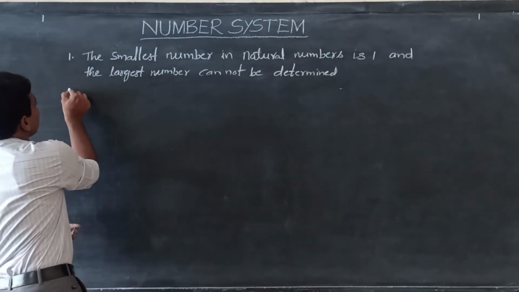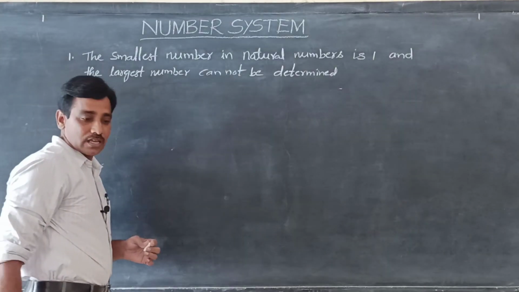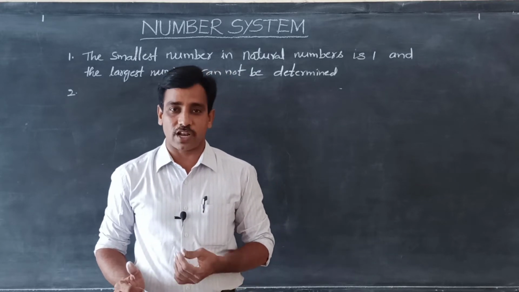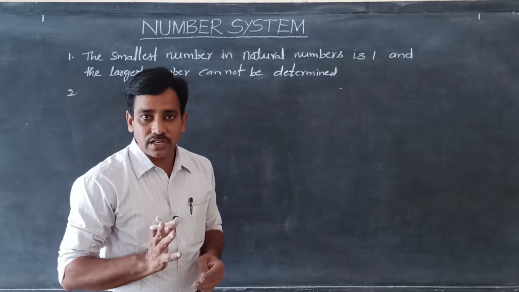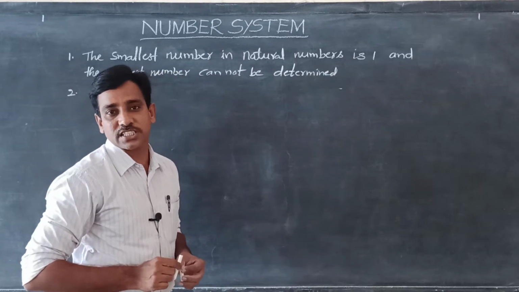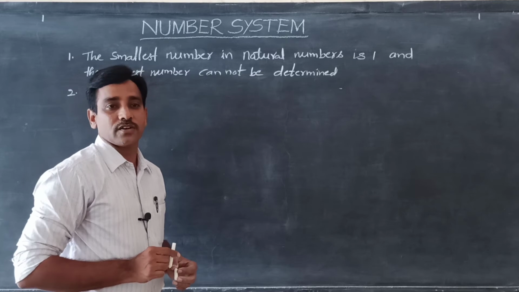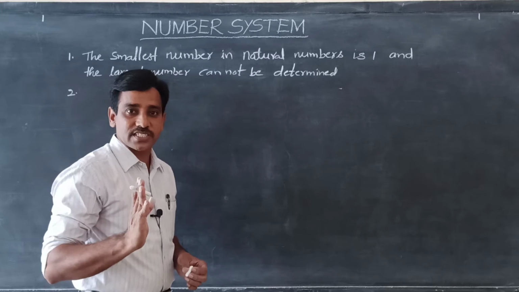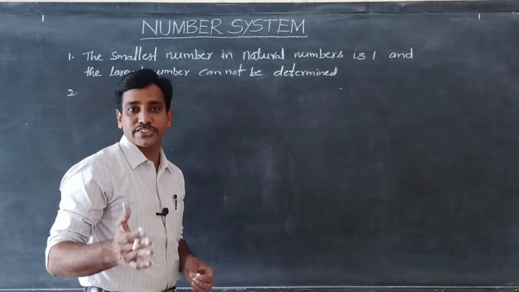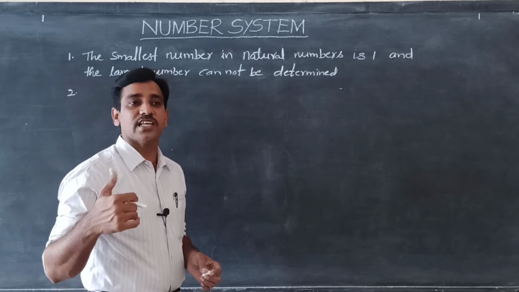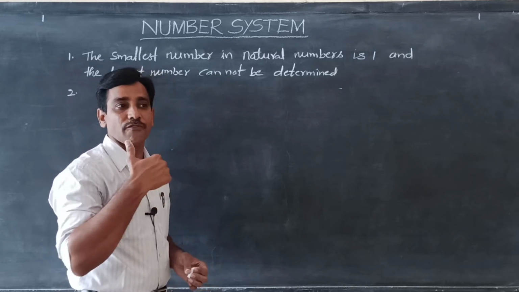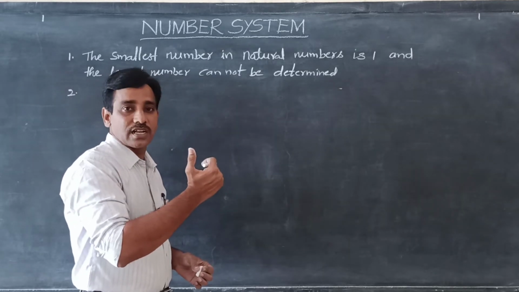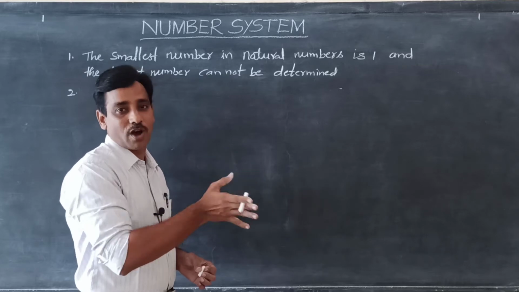Now the second one: the difference between any two consecutive natural numbers is 1. What is consecutive? Consecutive means following each other continuously. Suppose 1, after that 2, 2 after that 3, 3 after that 4. So the numbers are coming continuously one after one, right?